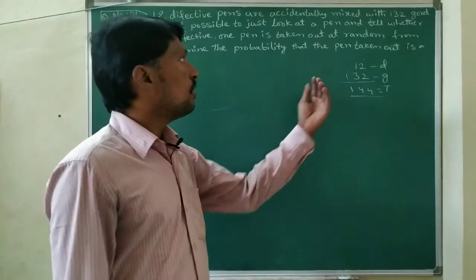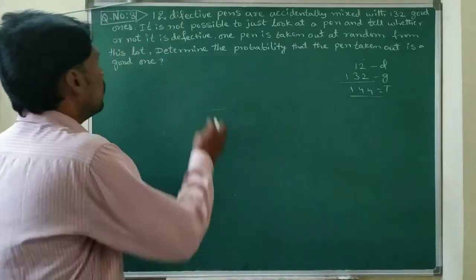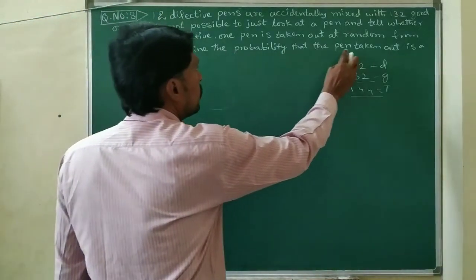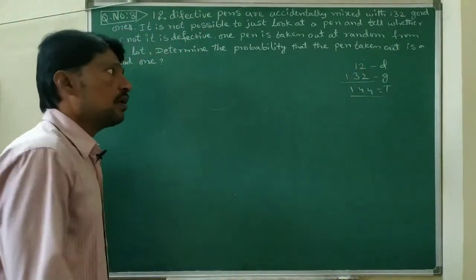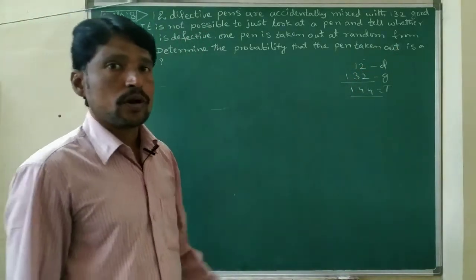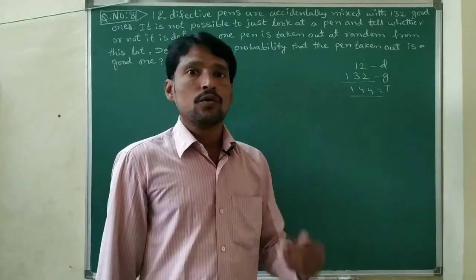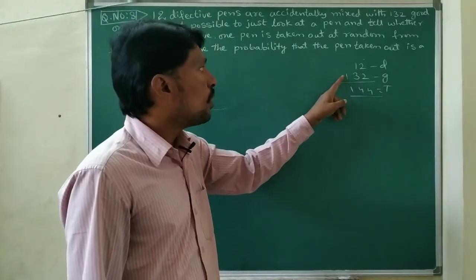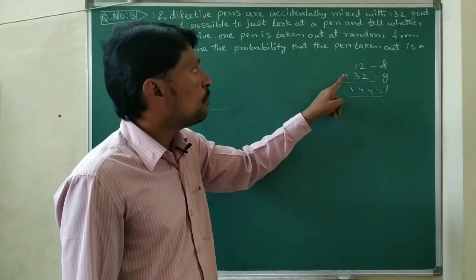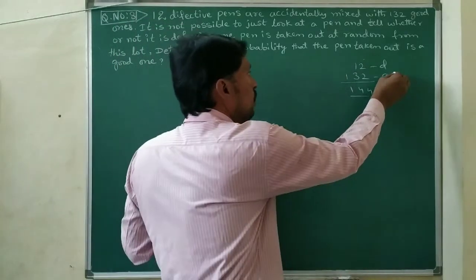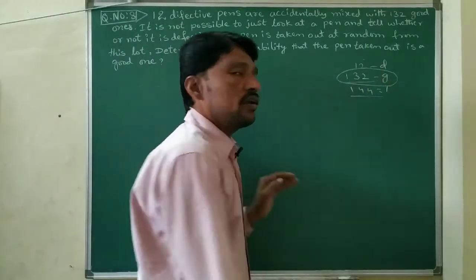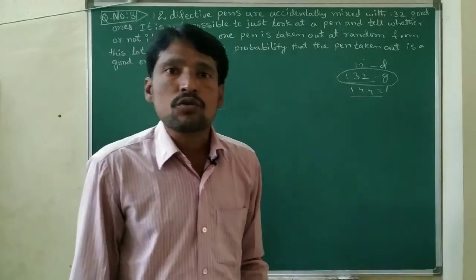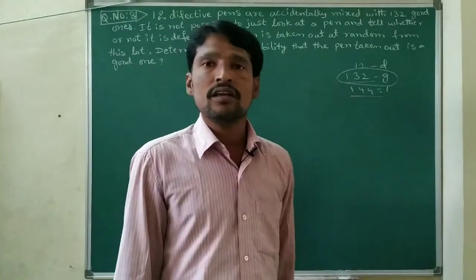Here they asked to determine the probability that the pen taken out is a good one. So we need to find the probability of taking a good pen. Favorable outcomes: how many good ones here? Good pens are 132, by total outcomes. How many total outcomes? That is 144.